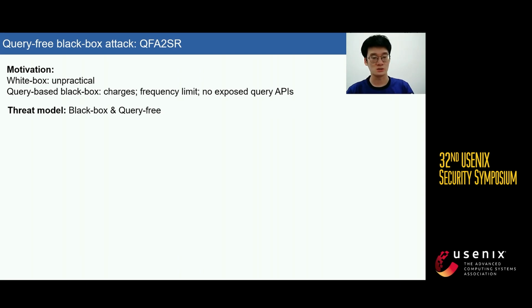Not to mention that some systems do not expose any API for query, such as voice assistants. So in this work, we try to build a practical attack, which is totally black-box and does not need to query the system when constructing adversarial examples.